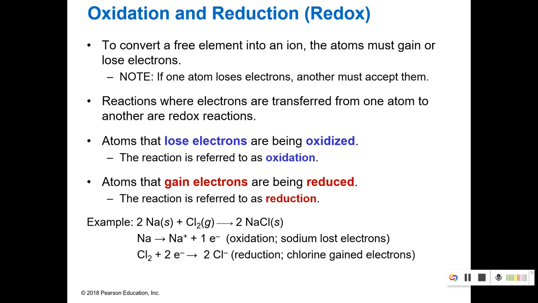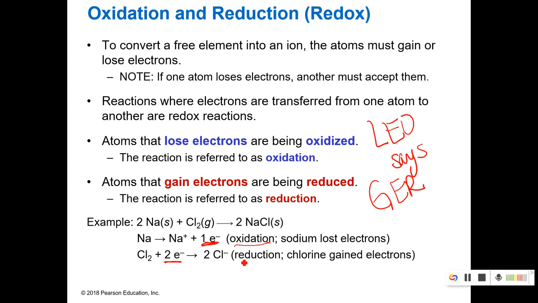So the way to know if it's oxidation or reduction is the acronym LEO says GER. So LEO is loss of electrons is oxidation. GER is gain of electrons is reduction. So here we're losing electrons, electrons are coming out, oxidation.